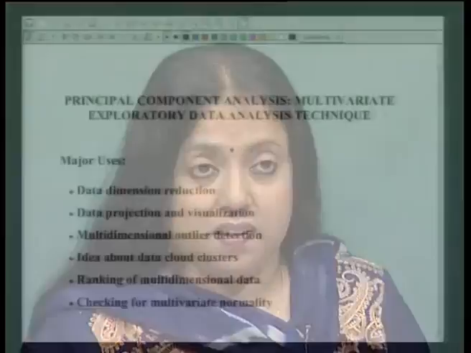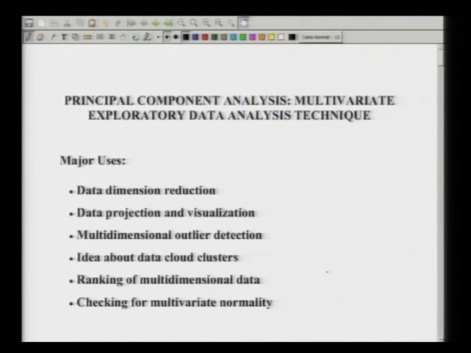So, that is an idea about data cloud clusters. We can also rank the multidimensional data. If you have p-dimensional data, say you have x 1 to x p, that is p such variables, and you have n observations on each of these variables. How do you rank such data?